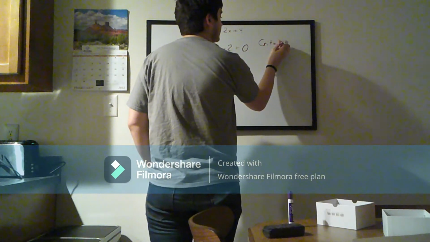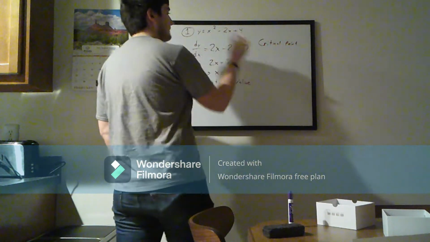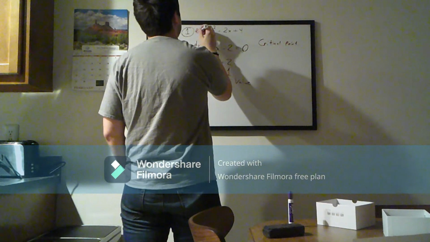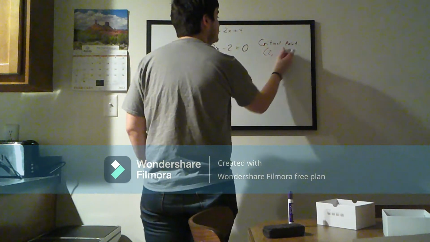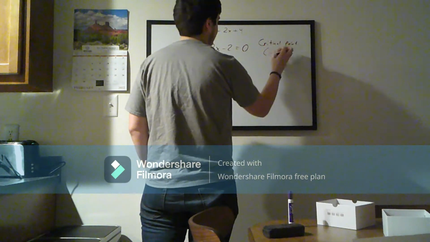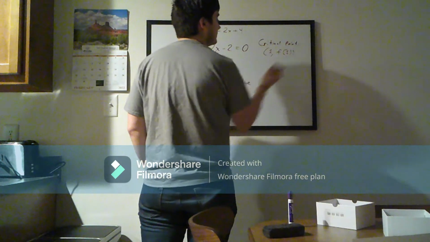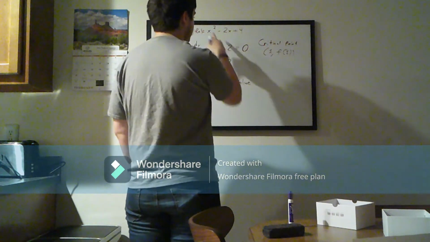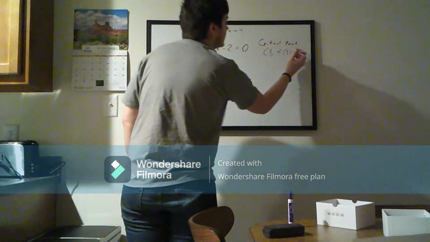So if I want to find the critical point in this case, I'm going to plug that into my function. So if I call this f of x, right, y equals f of x, then my point is going to be 1, and f of 1. So f of 1 is going to be 1 minus 2, which is minus 1, minus 1 plus 4 is 3.